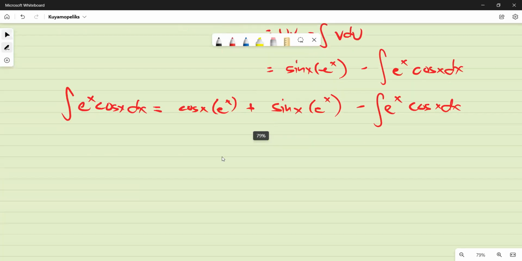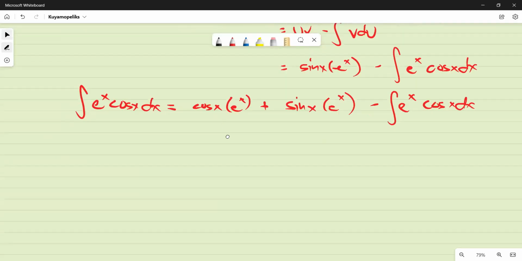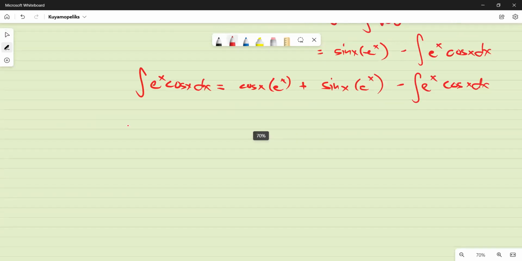Now, what we can do is transpose this to the left side of the equation para maging plus siya.